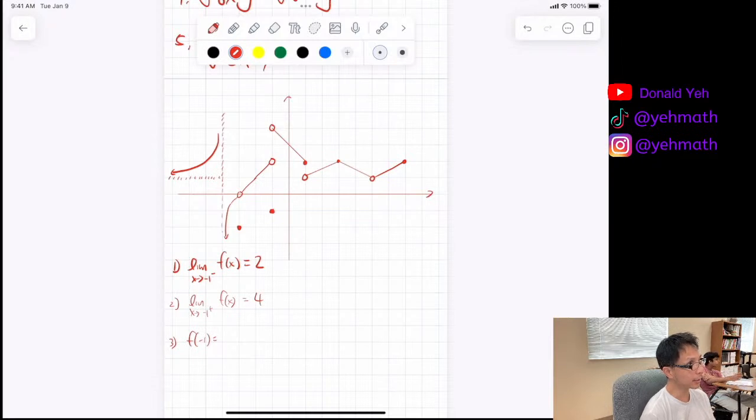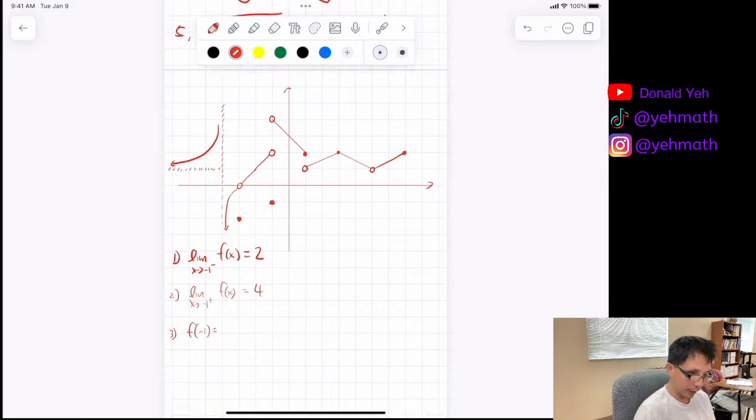So you have to understand limits and the evaluation at a certain number are completely different. The evaluation at a certain number is based on a black dot. Okay? Yeah, because that was confusing me. Yeah, so that's 1. Is that okay? Does that make sense? For -1, you're right. 4.